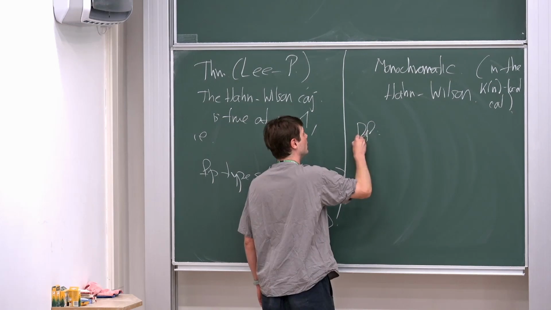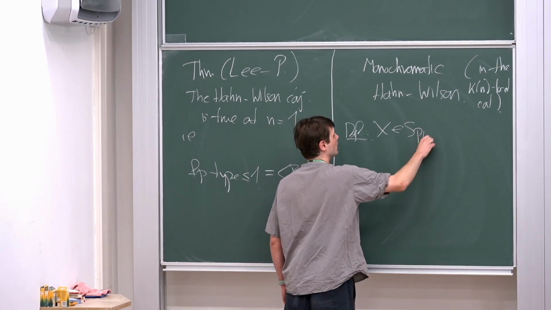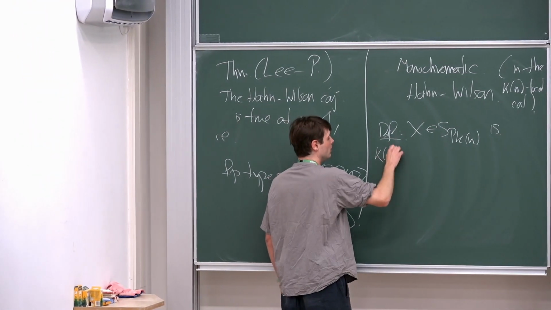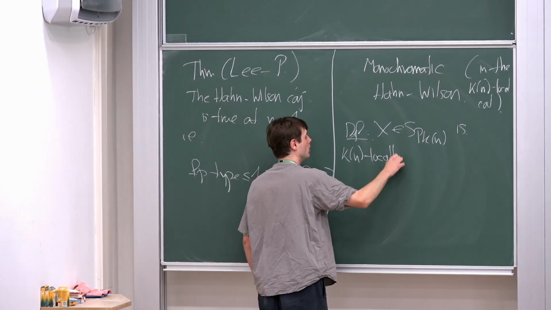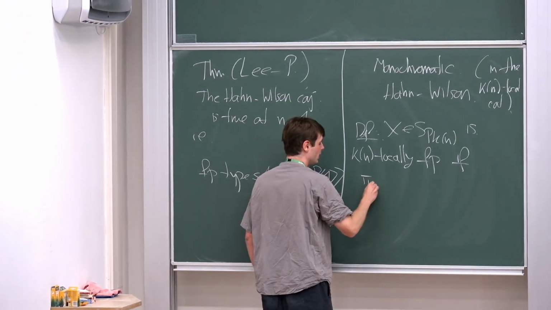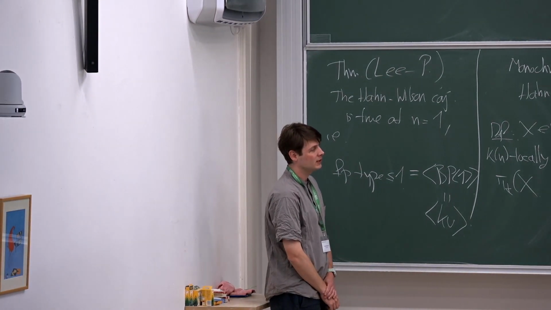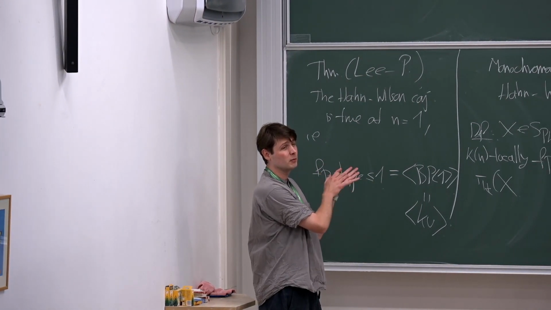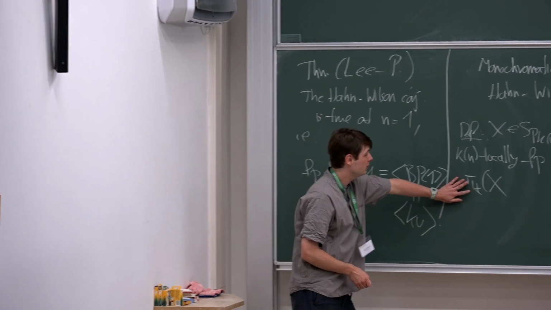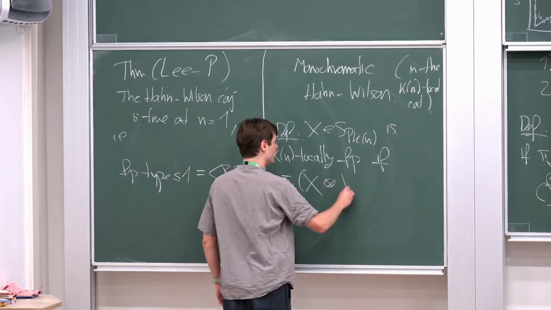Let's say X is a K(n)-local spectrum. We're going to say that it's locally FP, or maybe it's more clear, K(n)-locally FP, if its homotopy groups are finite. You cannot use the cohomological characterization here, at least a priori, because the Eilenberg-MacLane spectrum is 0 in the K(n)-local category. So we're going to use the definition using homotopy groups.